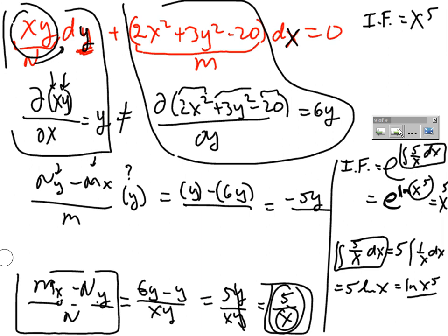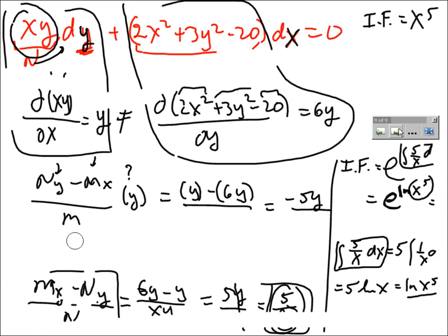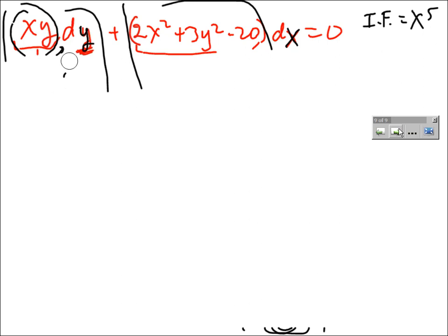So now it's a brand new problem, or almost a brand new problem. First, I'm going to multiply by x to the 5th.